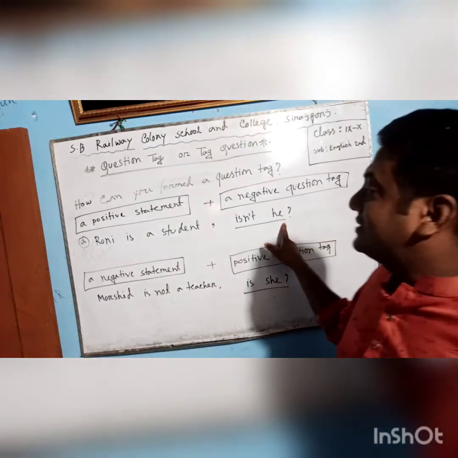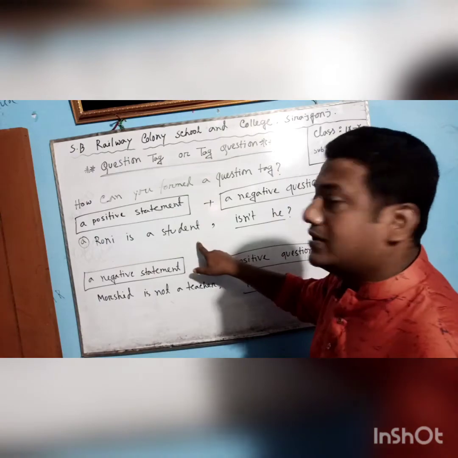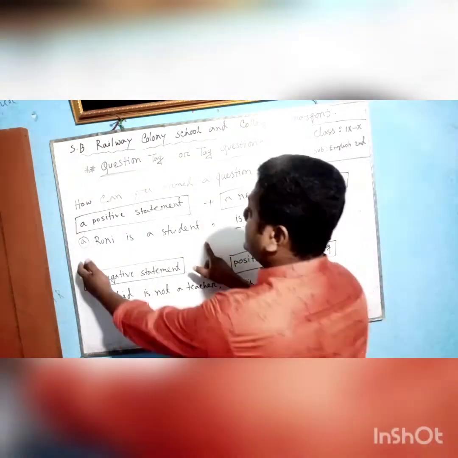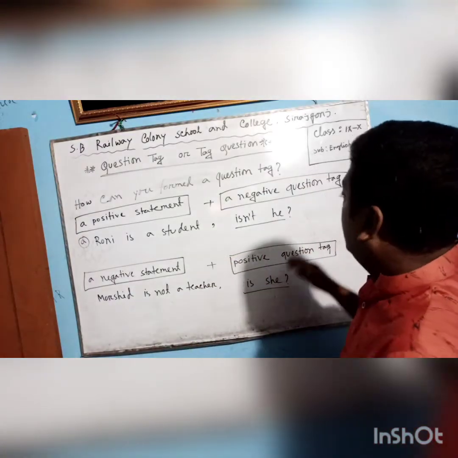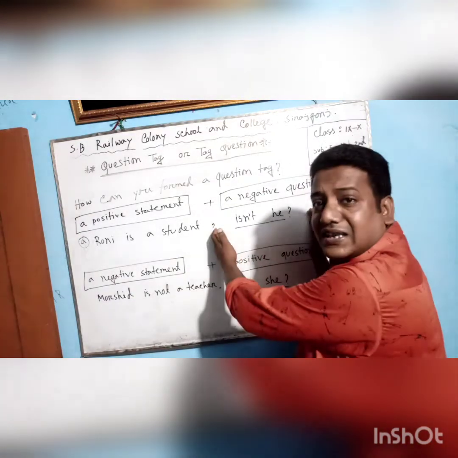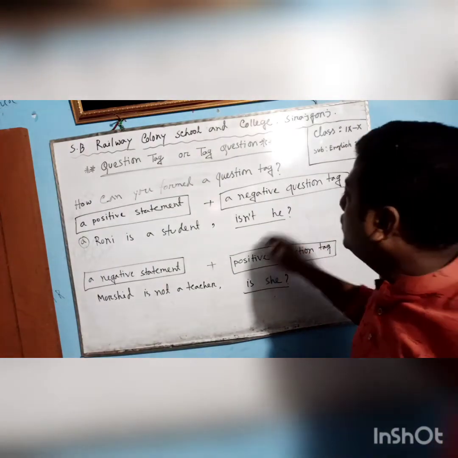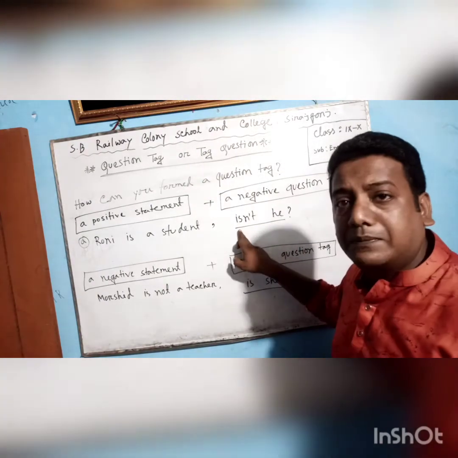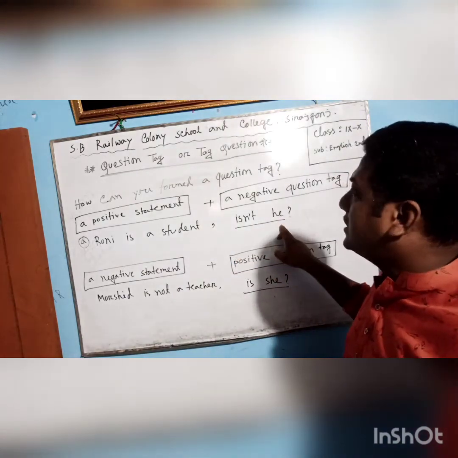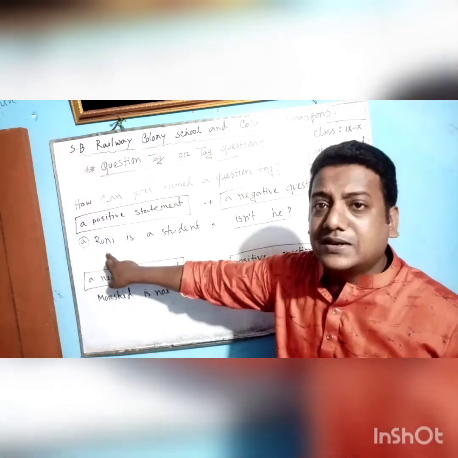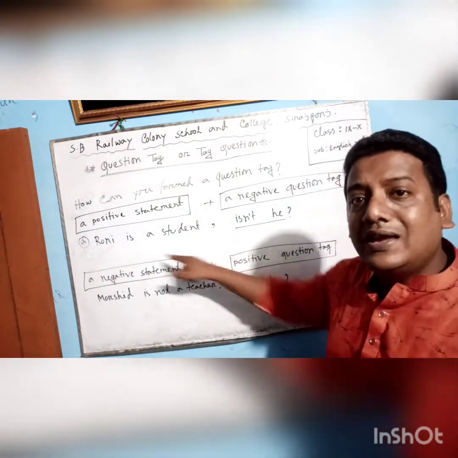In this sentence, you can see that Ronnie is a student. This part is a statement, and this part is question tag or tag question. We use here helping verb and the subject of the statement. Ronnie is a noun.